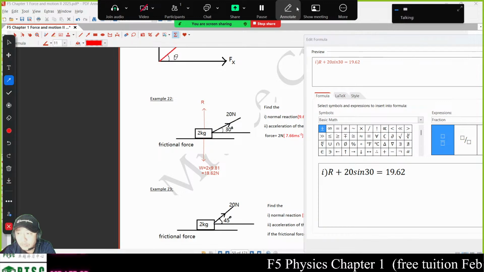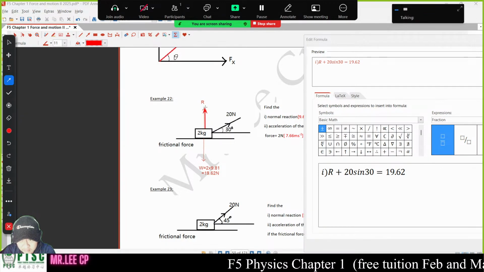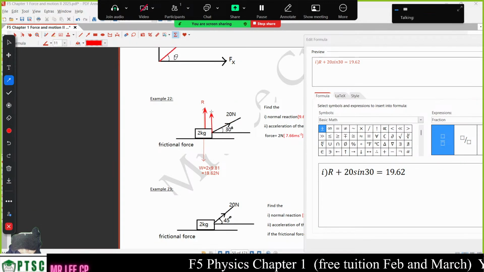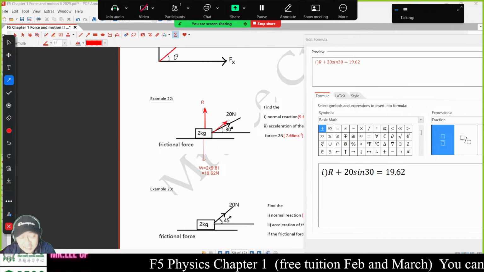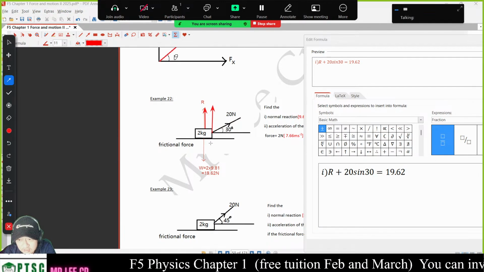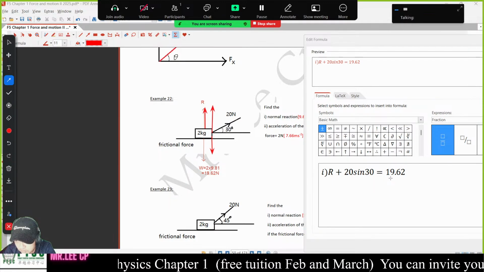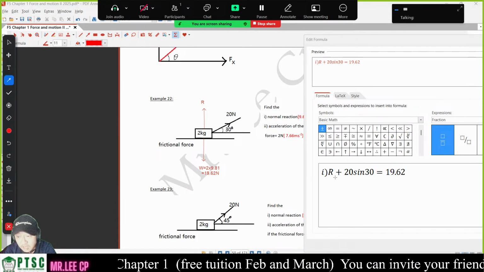I repeat one more time. This R is here, I don't know how much. So 20 I bring to here. It is also going up, 20 sine 30. The forces going upward are equal to the force going downward, so that I can find the R already.